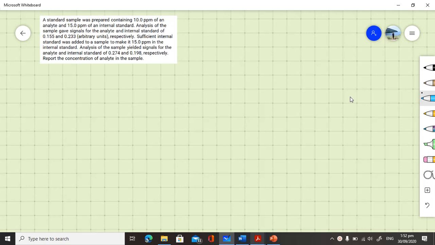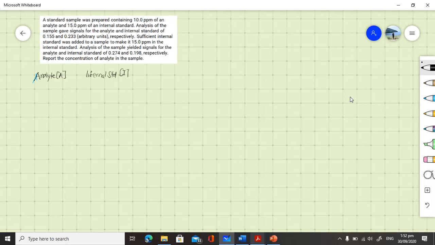Okay, so that means we have here an analyte. Let's change that to black. We have here an analyte, and let's symbolize that as A. And an internal standard.